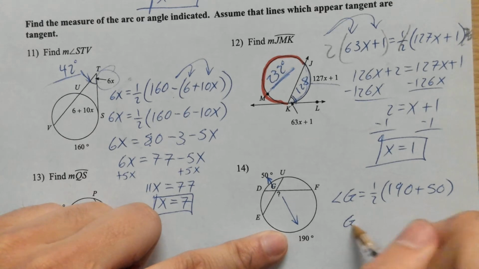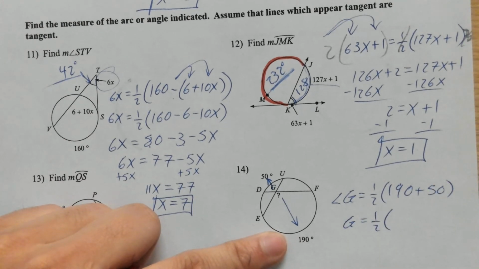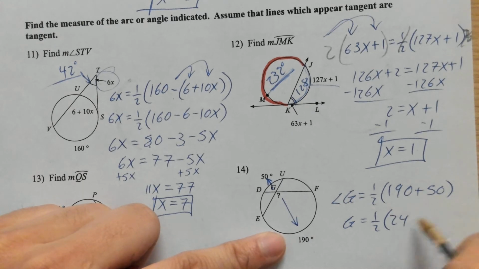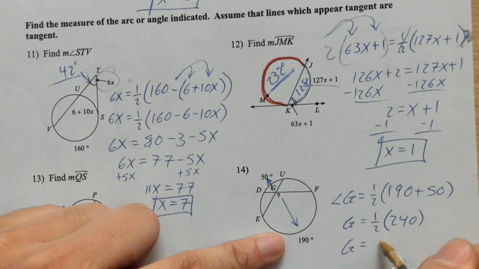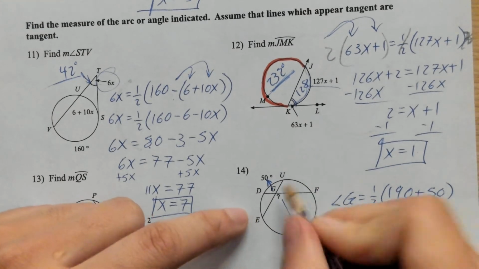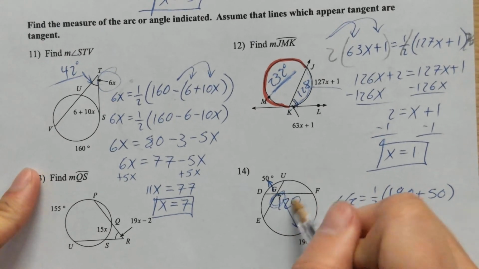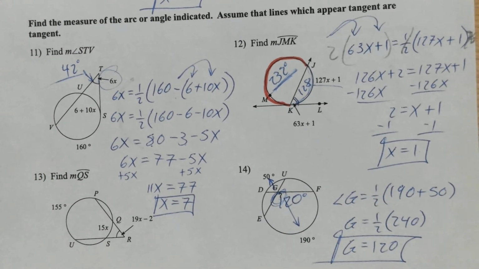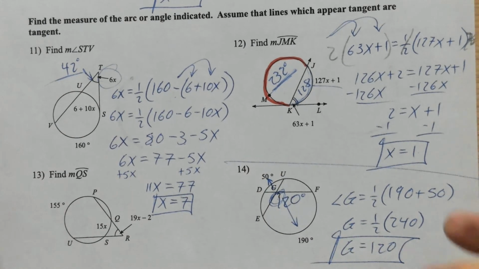So G equals 1/2 of 240, and half of 240 is 120. And that's it. This angle is 120 degrees. Pretty easy, pretty straightforward. That's that one.